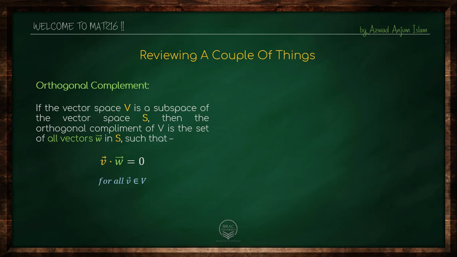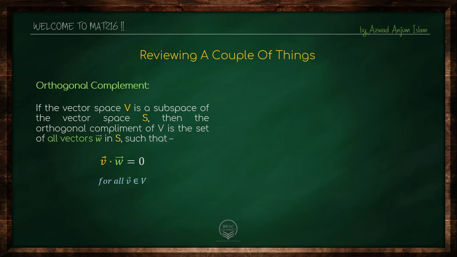So the set of all such vectors W, and as you can see, V dot W is equal to 0, which just means that W is perpendicular to V, because the dot product is 0 only when the two vectors are perpendicular.